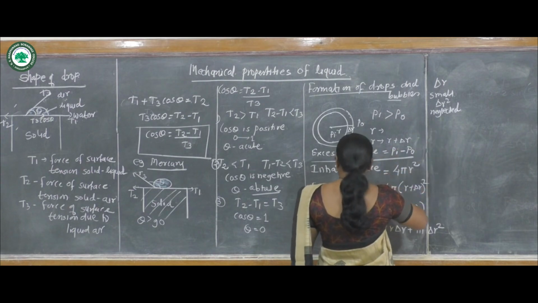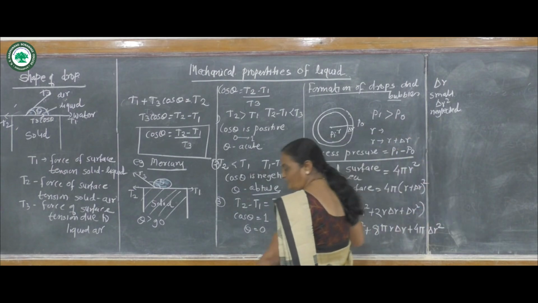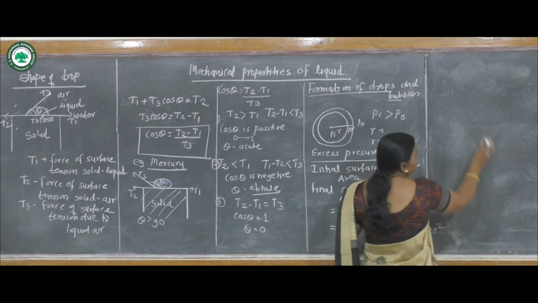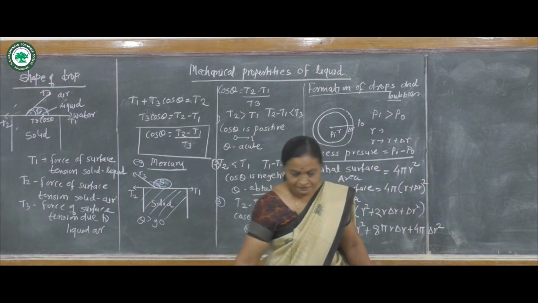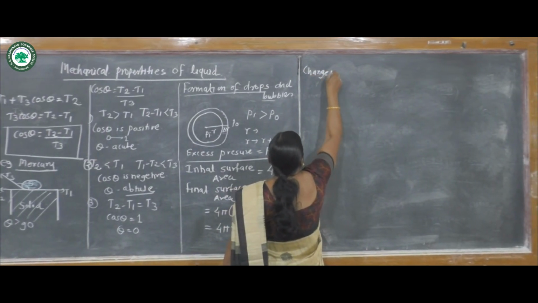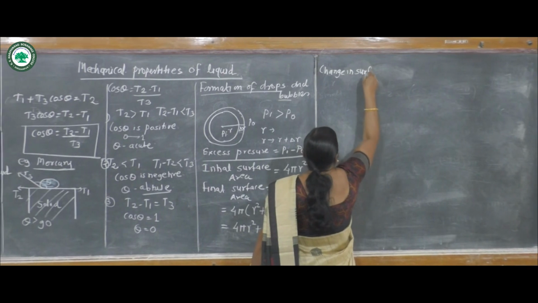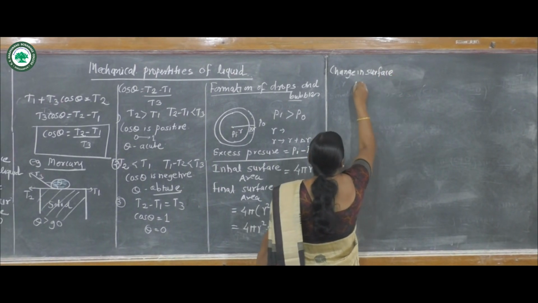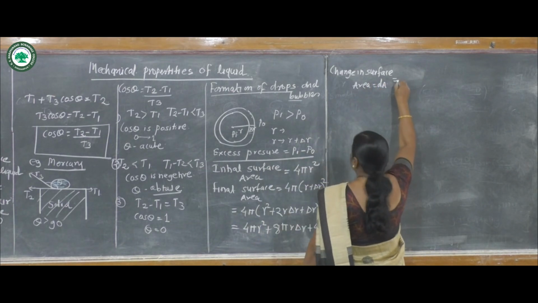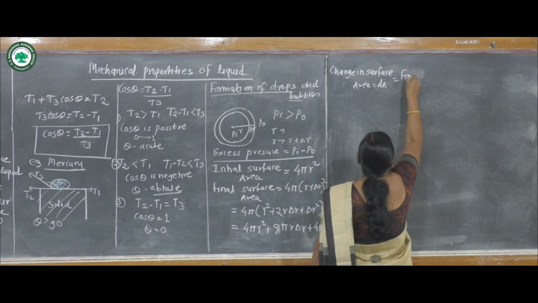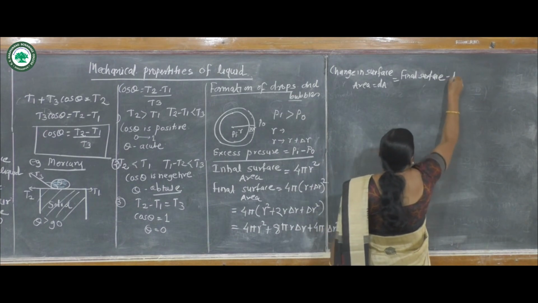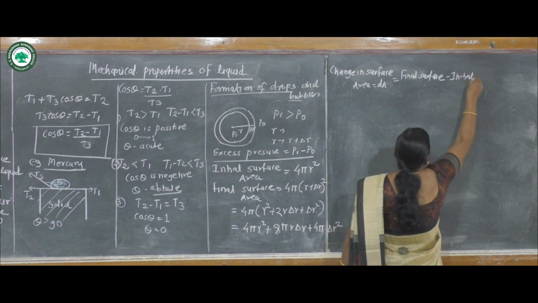Therefore, the change in surface area can be written as dA. dA is equal to final surface area minus initial surface area.